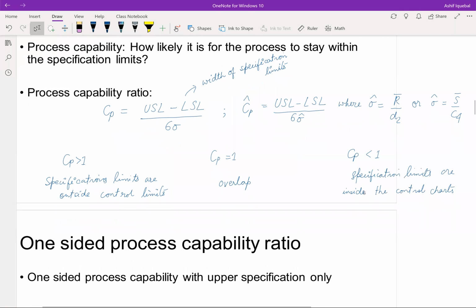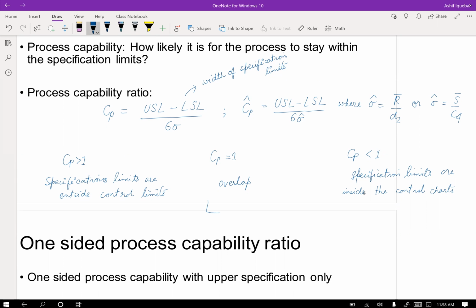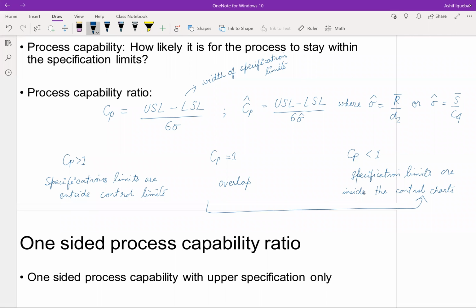Again, remember, as I told you, if these two limits overlap with each other, or if the specification limit is inside the control limits, you will produce a lot of defective components. So the latter two will produce lots of defective components.